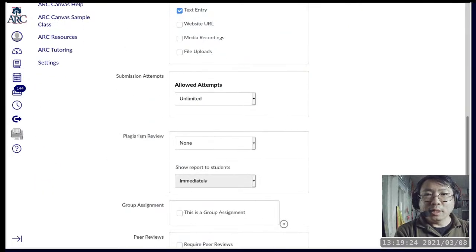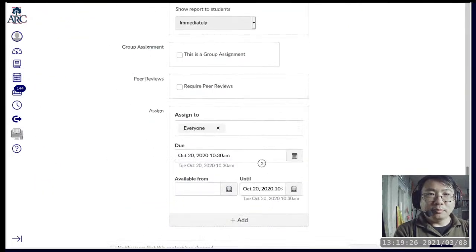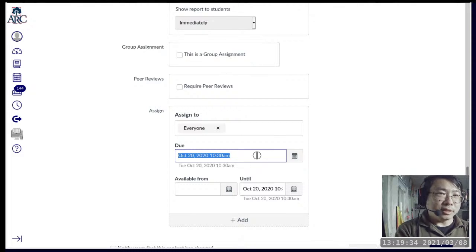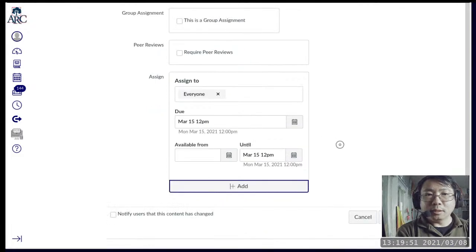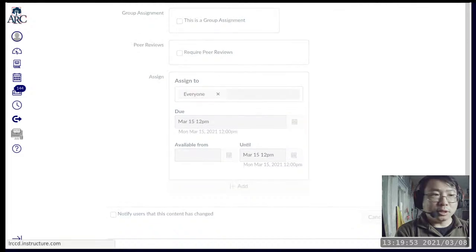That should be enough time if you don't procrastinate. But this is one of those homework assignments where if people start to procrastinate, it's going to be tough. So a week from today is the 15th, and I'll make it due at noontime, which is right before class. There we go. And save and publish.